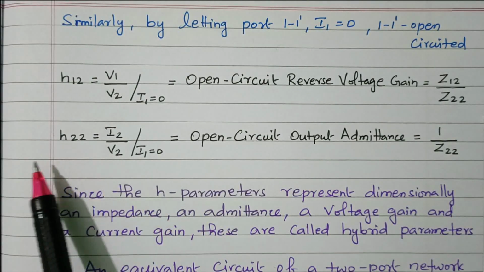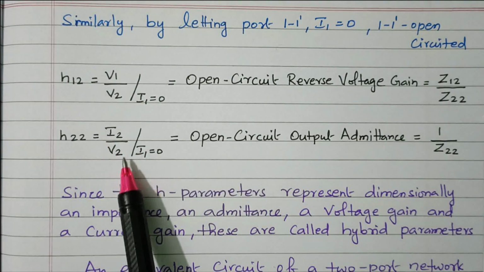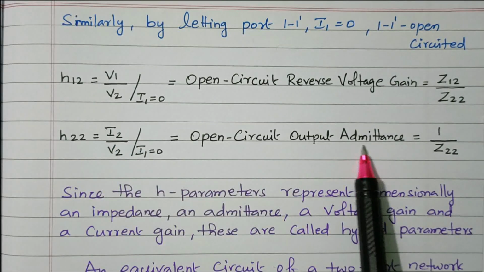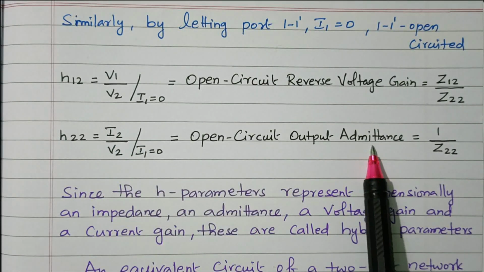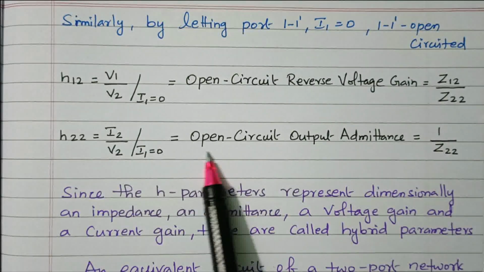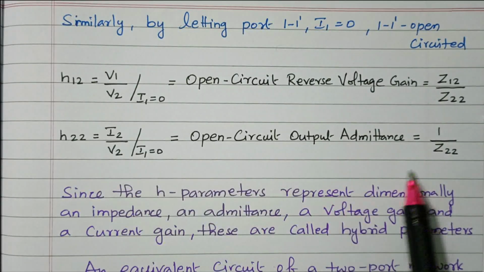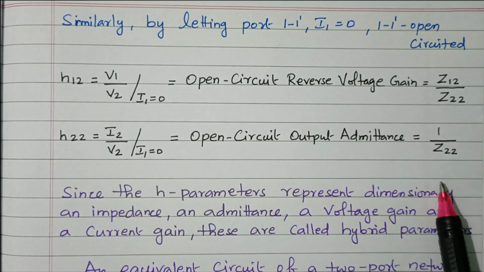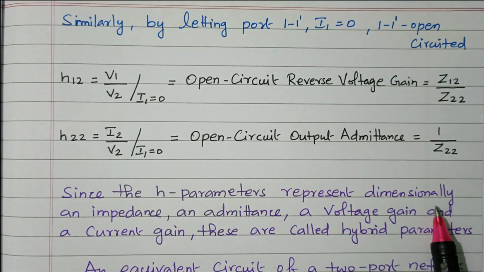Similarly, for H22, from the basic equation we calculated I2 by V2. So I by V is there, so that is admittance. V by I means impedance. It is output admittance and open circuited, so the open circuit output admittance is equivalent to 1 divided by Z22. So now we calculated all four hybrid parameters H11, H12, H21 and H22.